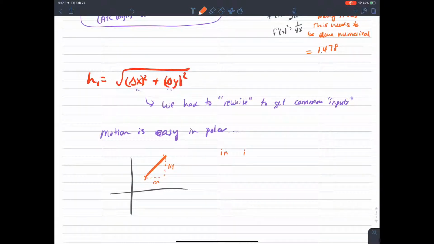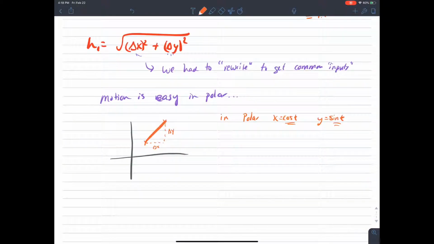But in polar, we know that x and y are just defined by some trig function. Maybe x is the cosine of t, and y is the sine of t. So here, they already share a common input.